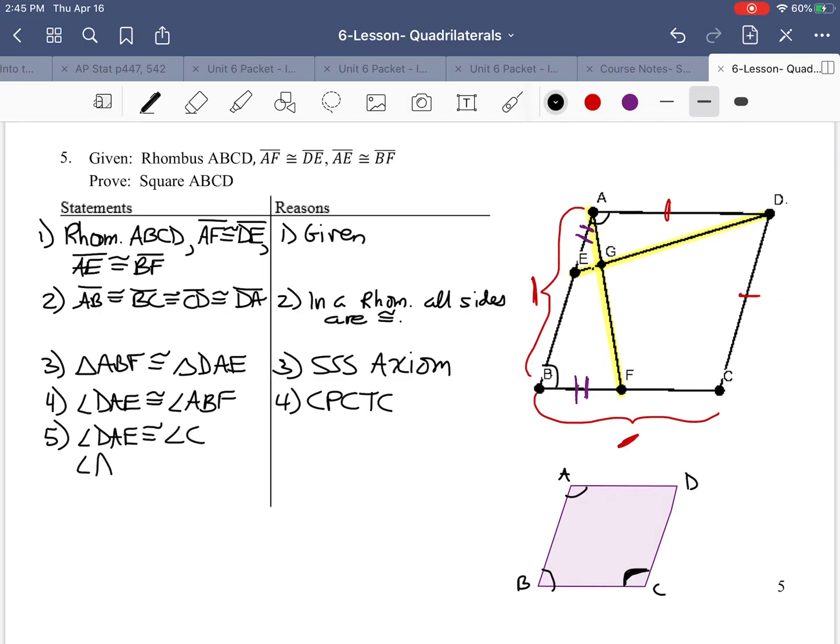And angle ABF is congruent to angle, I'll call it ADC. And that's in a rhombus. Opposite angles are congruent. All right, so through substitution, we can now state that all four angles are congruent.